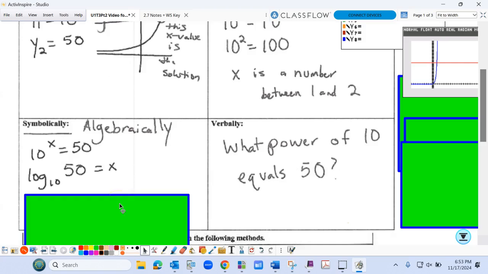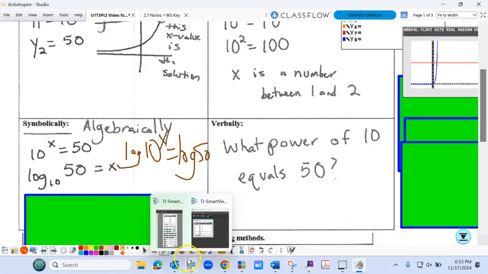I can write it another way: log of 10 to the x equals log of 50.